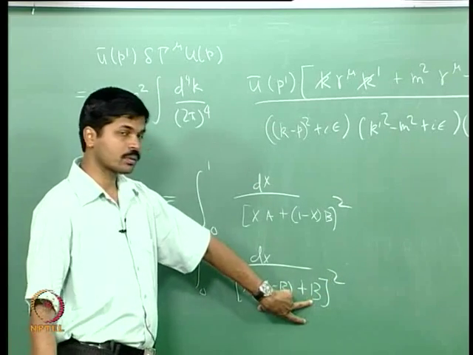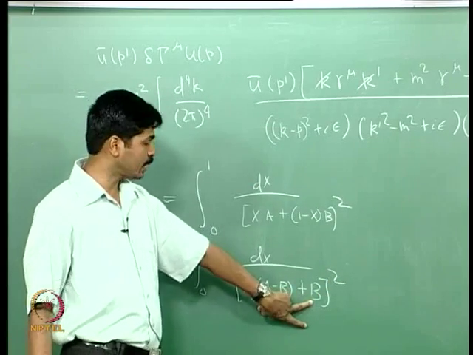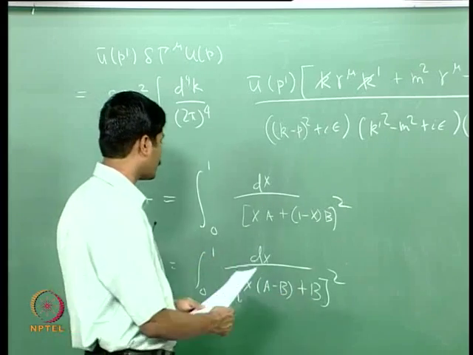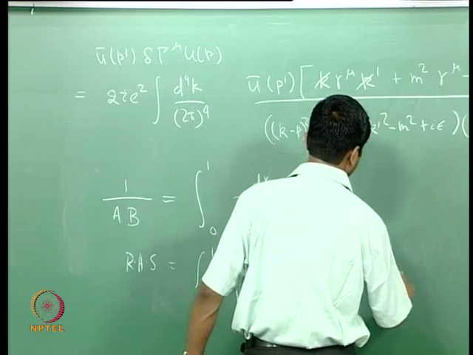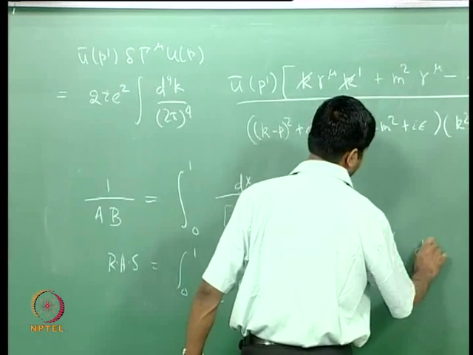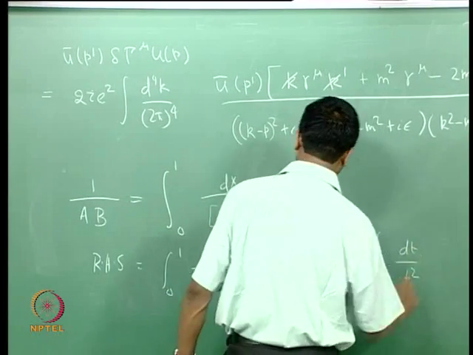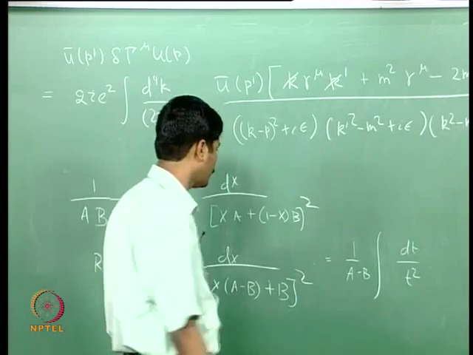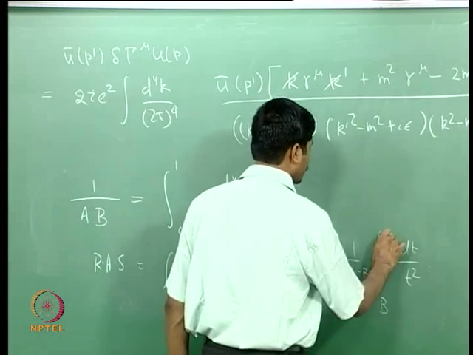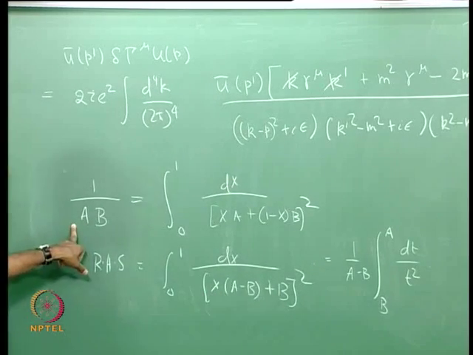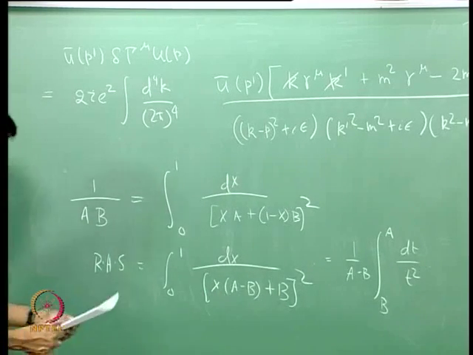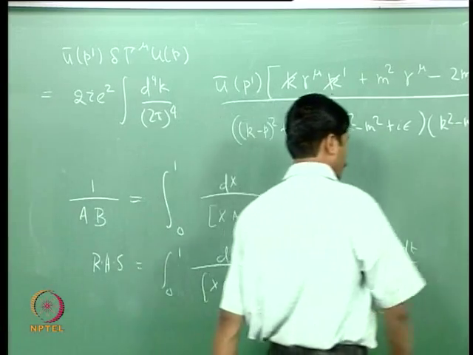You define this quantity in the denominator to be t square, then this integration is simply 1 over a minus b, dt over t square, where the limit goes from b to a. So when you evaluate this integration, it is just 1 over a b, it is as straightforward as this.